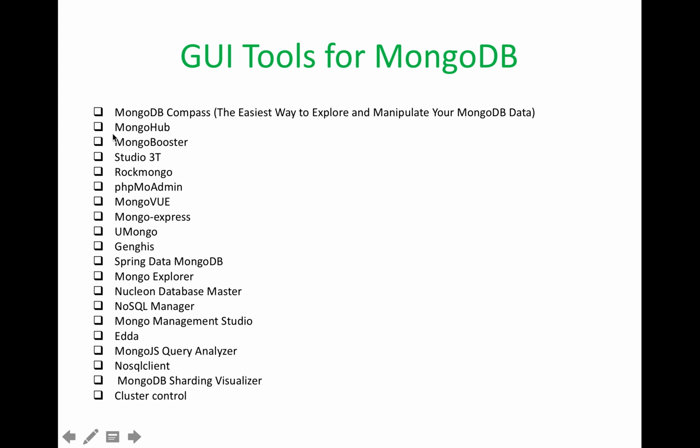Here are other GUI tools: MongoHub, Mongo Booster, Studio 3T, RockMongo, PHPMoAdmin, MongoVUE, Mongo Express, UMongo, Jenkins, Spring Data, Mongo Explorer, Robo Database Master, NoSQL Manager, Mongo Management Studio, NoSQL Client, MongoDB Sharding Visualizer, and ClusterControl. Here are all of the GUI tools for MongoDB.